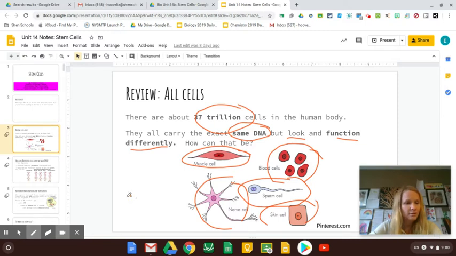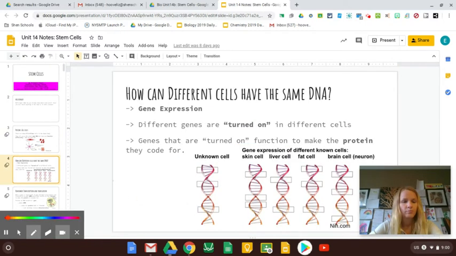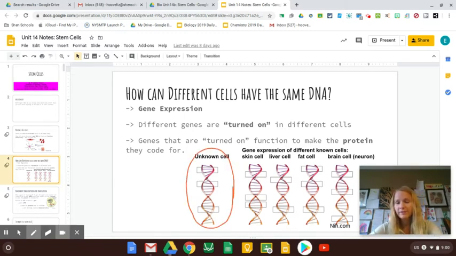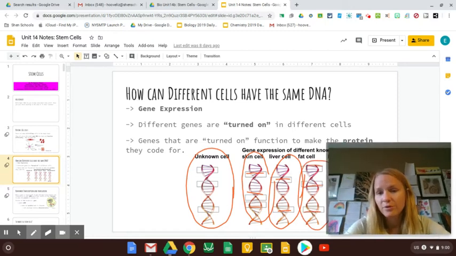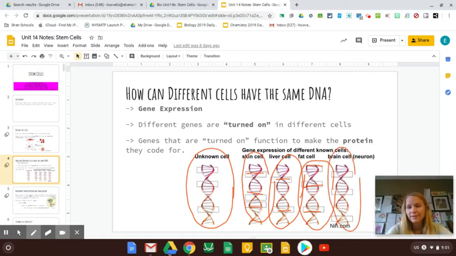The answer to that is, if you remember from before, every cell only uses certain parts of the DNA. A skin cell maybe uses this gene and this gene, where a liver cell uses this and this gene. A fat cell turns on this gene and this gene, and a brain cell turns on this and this gene.